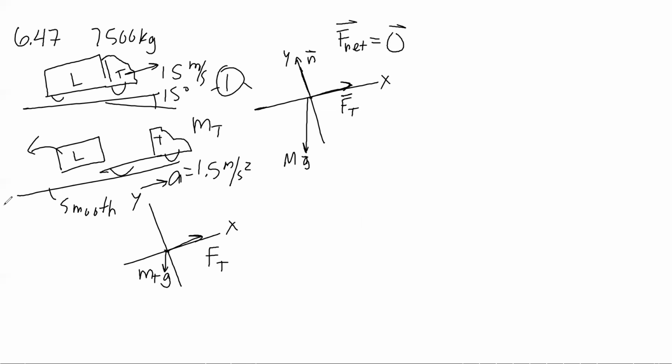Maybe little m sub t, right? And then define your symbols. Cap M is 7,500 kilograms. We're trying to find the mass of the truck. Theta is 15 degrees. That's about all we know.